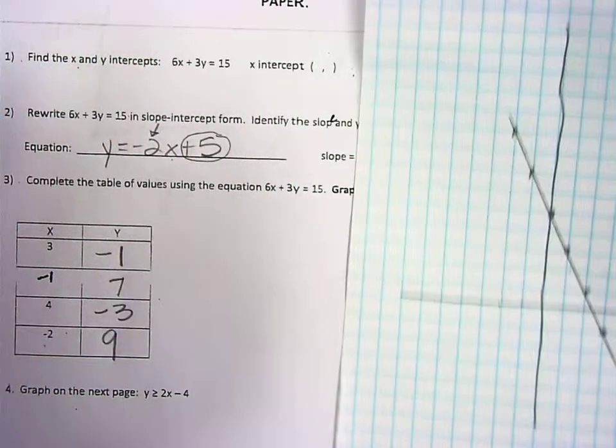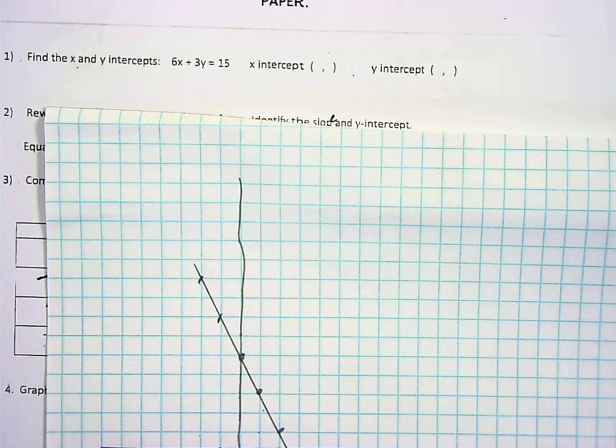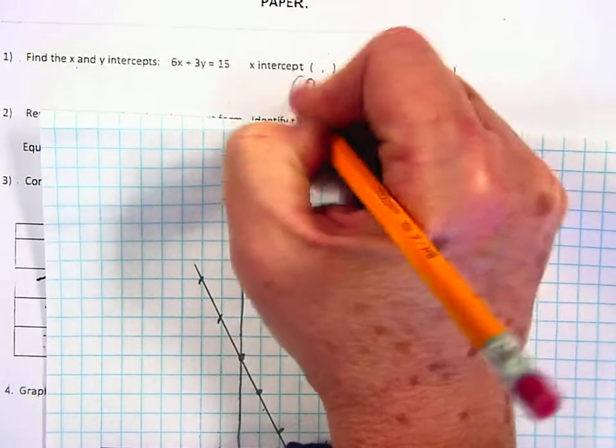And if we graph the x and y intercepts, what did we get? We got (0, 5) for the y-intercept.